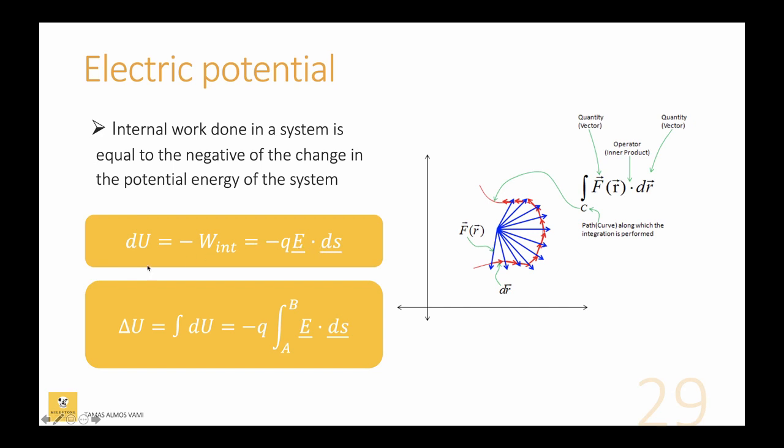And if we are interested in the full potential energy of the system, not just a little piece, which we denote with U, we will have to integrate this dU to get the delta U. So the q is independent of where we are, while the electric field and the displacement are dependent. So the q can be taken out of the integral, as can the minus sign.